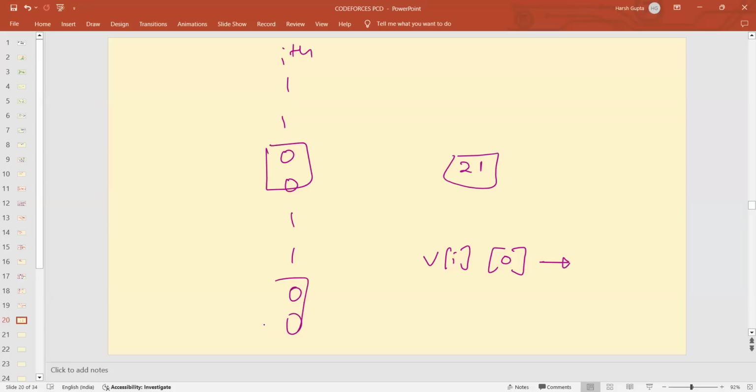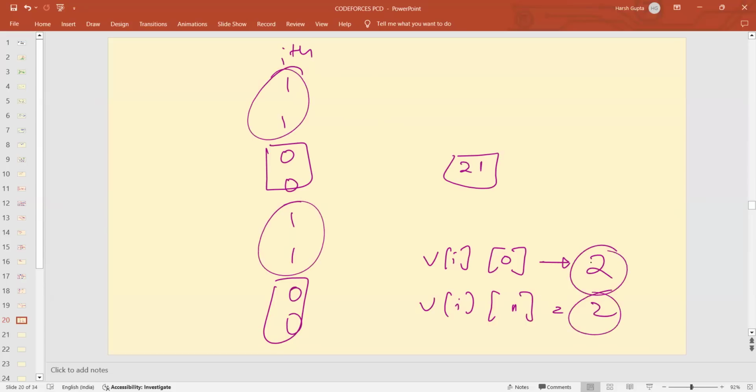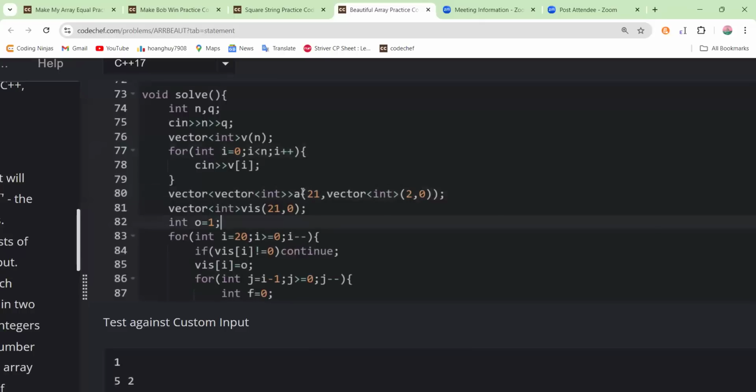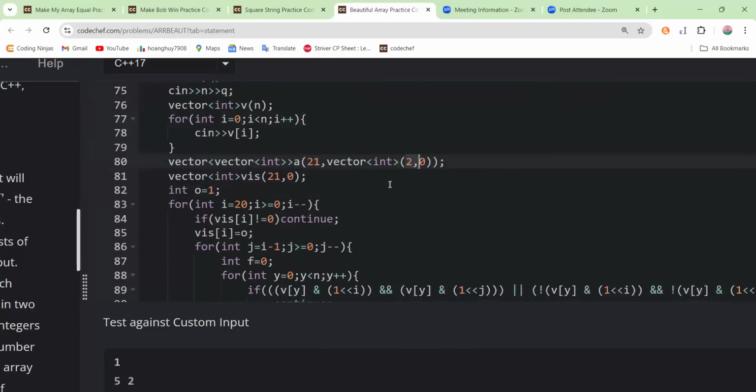So you can see I need 2 operations, right? So this value will be 2, and this value will again be 2, because the number of continuous ones I have is also 2. So both values will be 2. This is what I am storing in a vector A of size 21 cross 2.